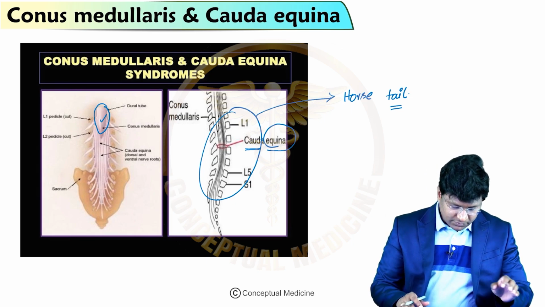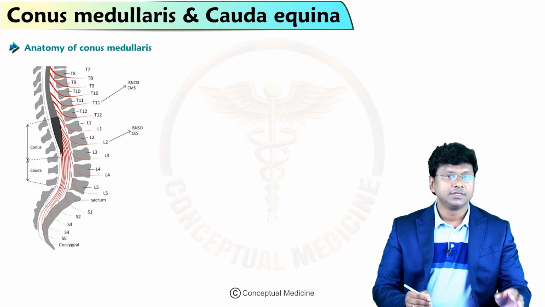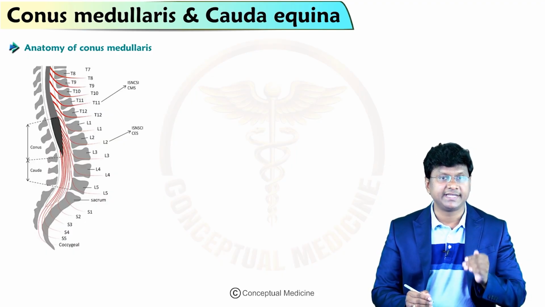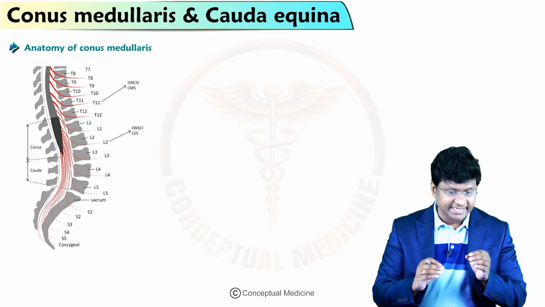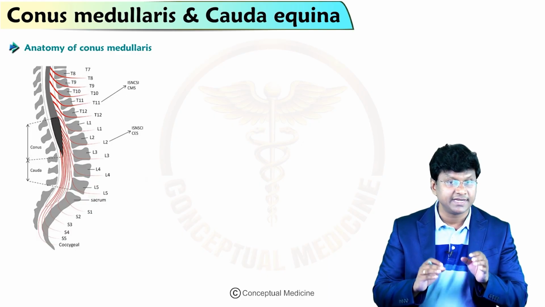Now, if you see the anatomy of the conus medullaris, the spinal cord tapers and ends at the level between L1 and L2 in an average adult.